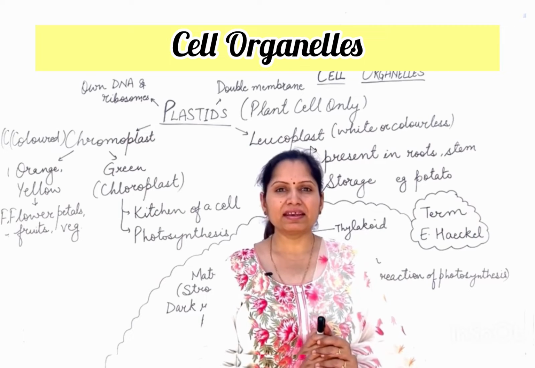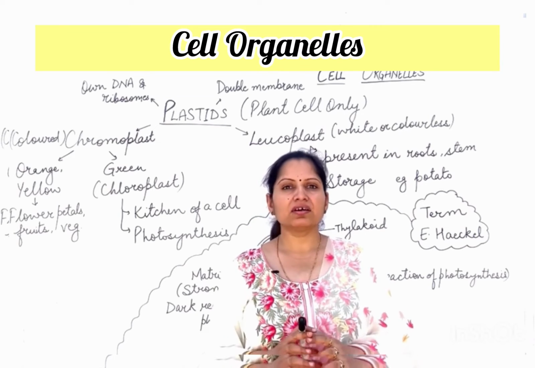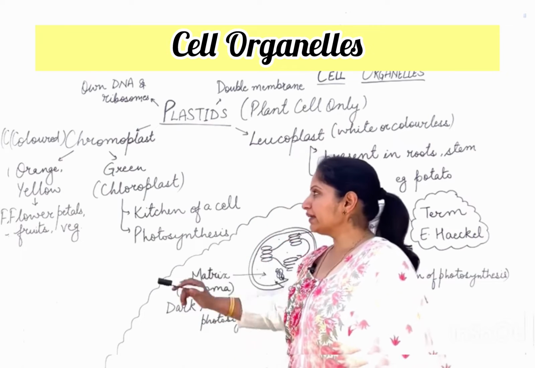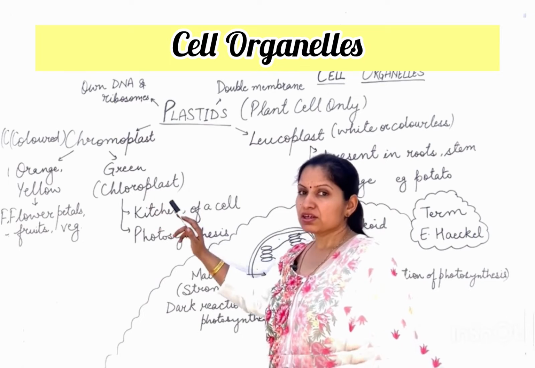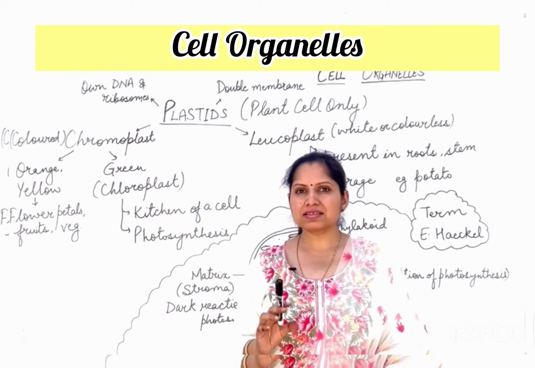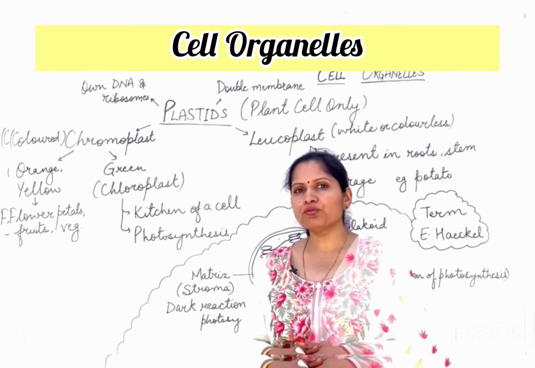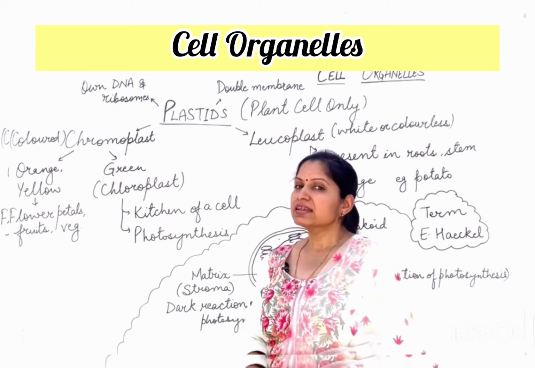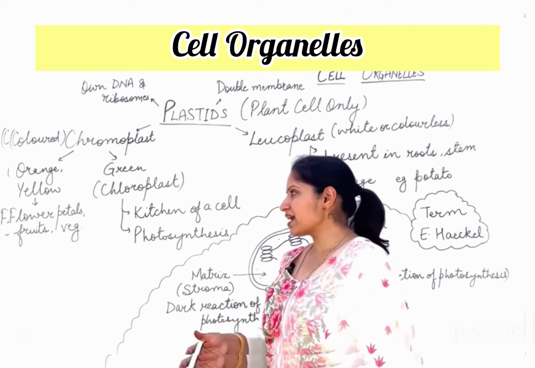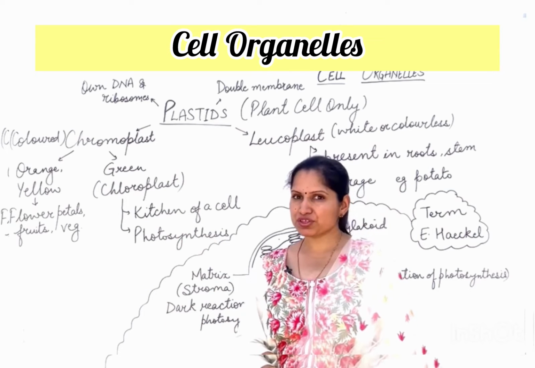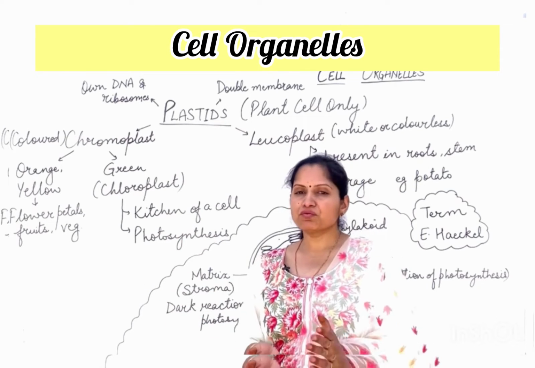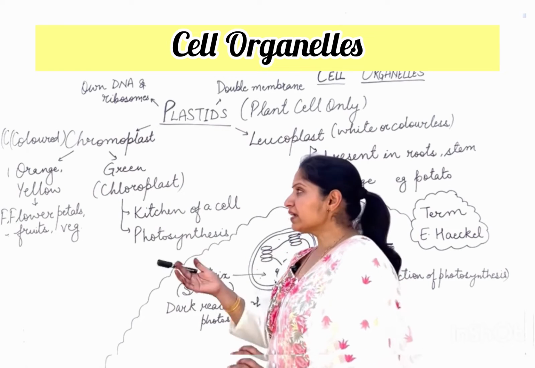But if the chromoplast is having green color, then it is given a special name, and that name is chloroplast. Chloroplasts are the plastids that have the green pigment in them, and that is the chlorophyll containing plastids. This chlorophyll containing plastids are definitely going to help in the process of photosynthesis performed by the plants.